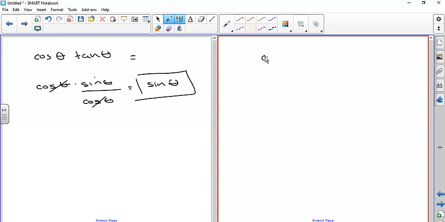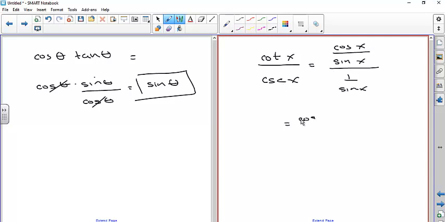So we've got the cotangent of x divided by the cosecant of x. Again, there's nothing squared, so it's probably not going to be a Pythagorean identity. We do have something here that's defined using a quotient, which is the tangent and the cotangent. So the cotangent is the cosine divided by the sine, and the cosecant using the reciprocal identity is 1 over the sine.